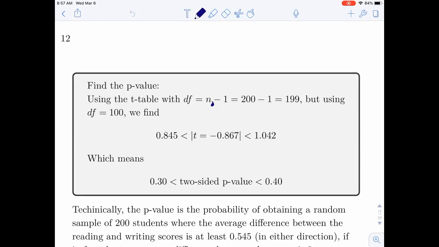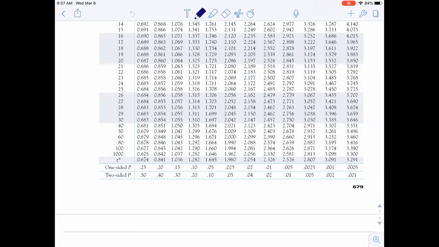A t is a t is a t. So our calculated t, the absolute value of it, is between 0.845 and 1.042. Is that right? I keep going back there to check, but I keep forgetting.